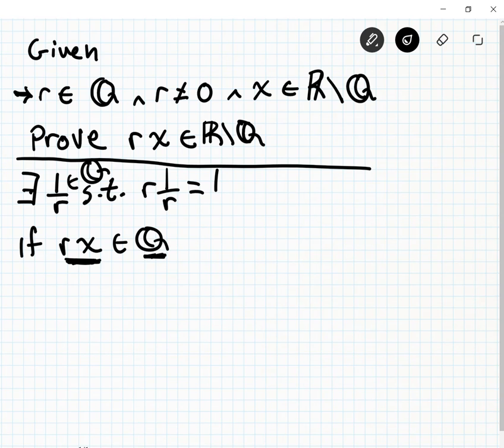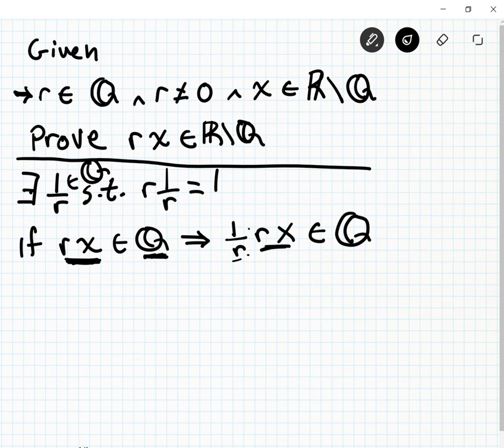So we take this number, 1 over R, and multiply it by this number, R times X. Then 1 over R times R times X will be rational, because a rational times another rational gives a rational product. But another property is the commutative property: you can put R first and 1 over R second, or 1 over R first and R second.